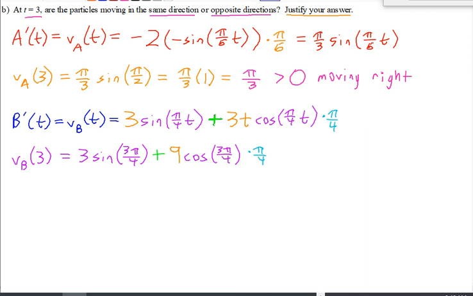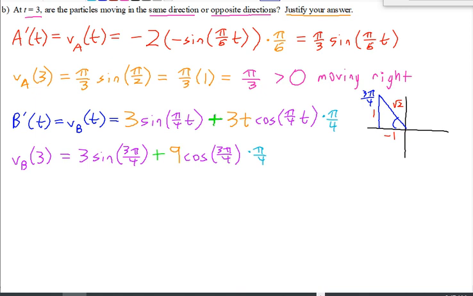So we need to find the sine and cosine of 3 pi over 4. So if we draw that over here real quick. 3 pi over 4 is in the second quadrant, and we're looking at the angle right here. That's the same as a 45-degree angle. This is 4 pi over 4. So the sides here are 1, 1, and root 2, but you can see this is the negative x direction.